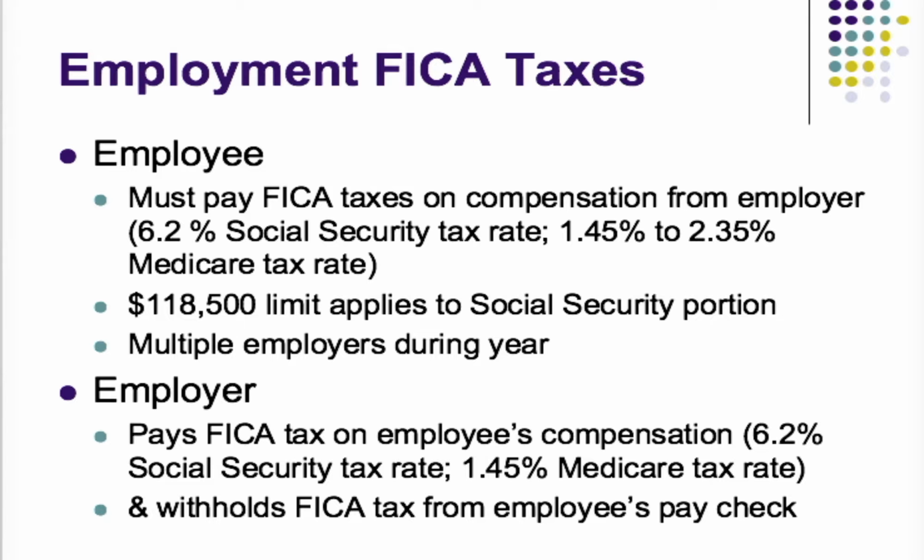These are the FICA taxes here, which would be your Social Security and Medicare taxes. Those are the rates that apply. Remember, as a self-employed individual, you end up having to kind of double dip on a lot of these taxes, where you end up being responsible for the employee and the employer portion, but there are some corresponding deductions applicable to that, as we've already talked about a little bit.